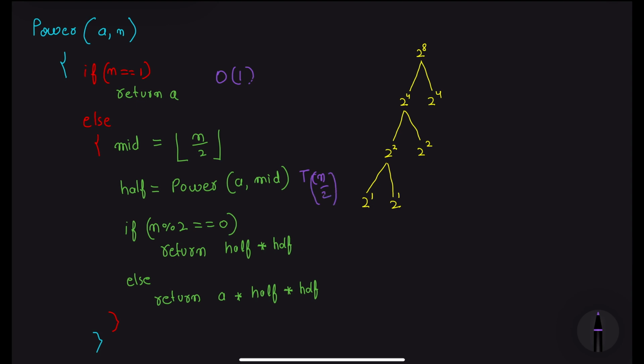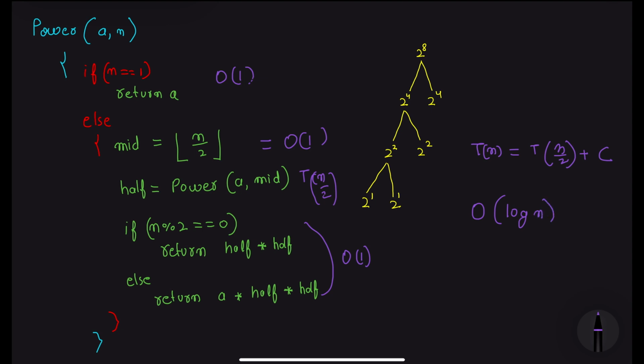So finding mid will take big O of one time, and this return statement, which is the combined part, will take big O of one time. So the final recurrence will be T of n equal to T of n by 2 plus c. All these big O of 1 can be written as c, and when we solve this, it will be equal to big O of log n.